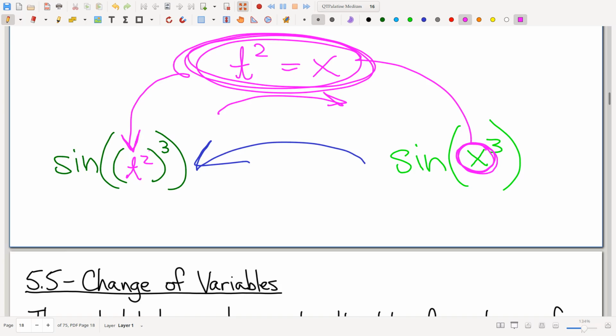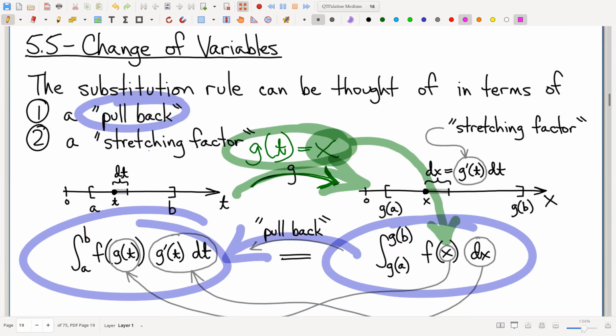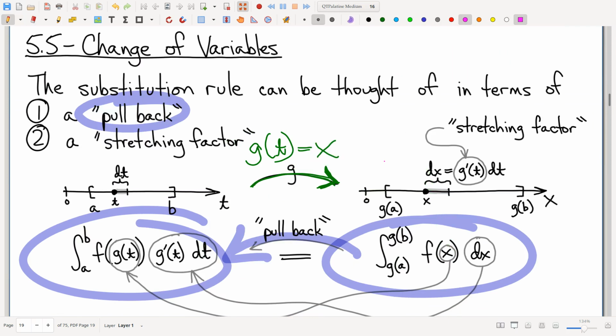Functions push points forward, they pull expressions backwards. And that's going to be an important point here. So this is what I call, again, the pullback feature of this substitution process. An integral on the right, the act of plugging in turns that into an integral that's on the left.